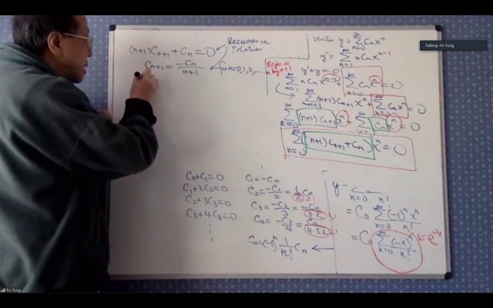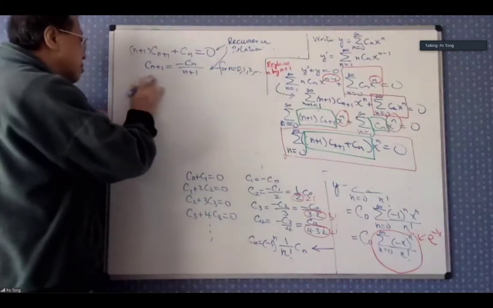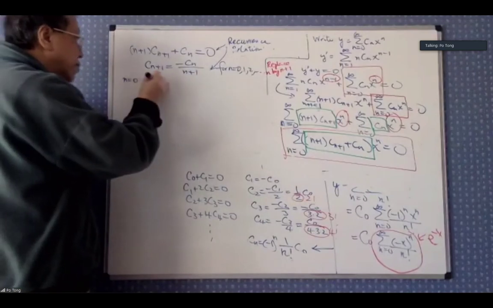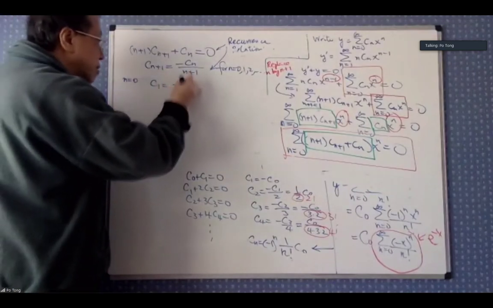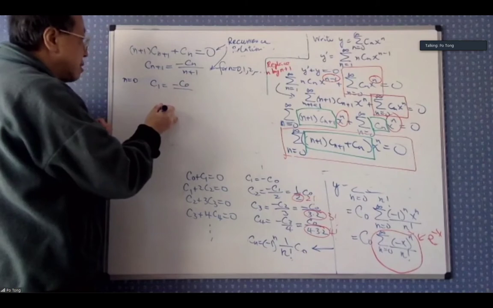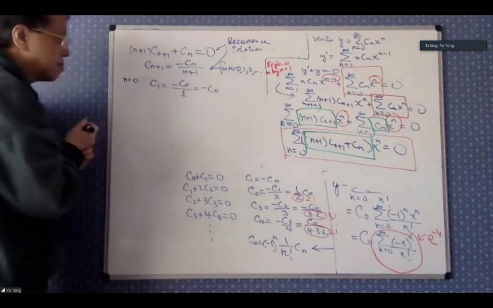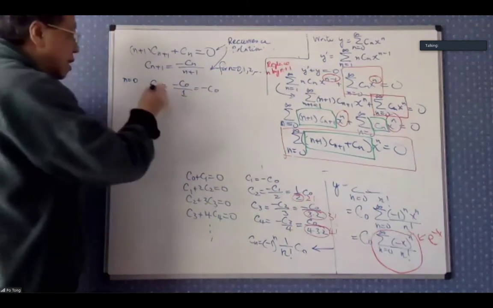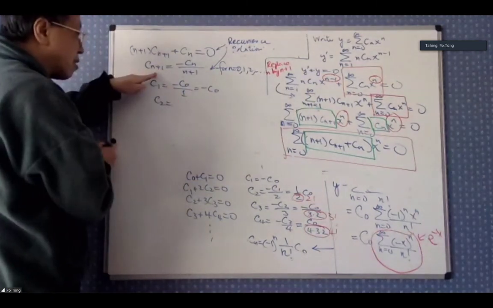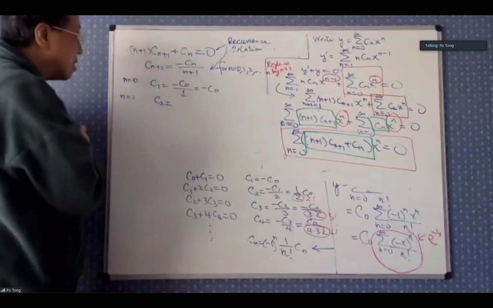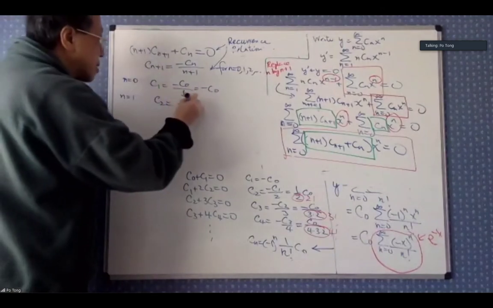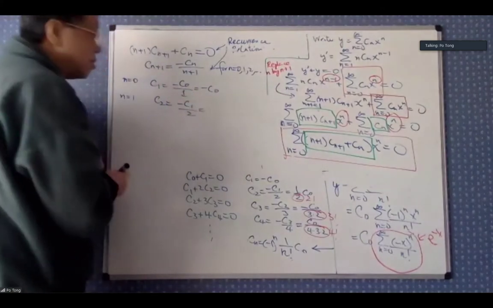When n equal to 0, I will have C1 equal to minus C0 over 1, which is minus C0. And C2, based on this equation, for n equal to 1, will be minus C1 over 2.